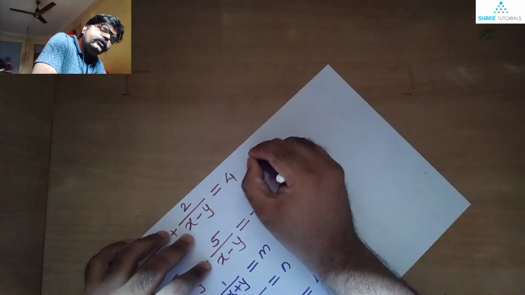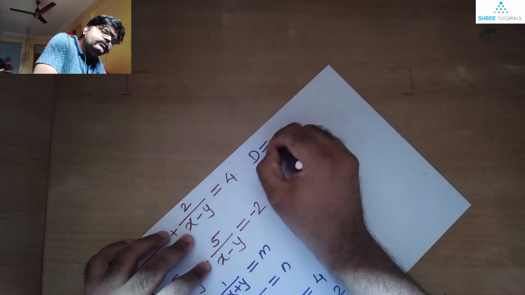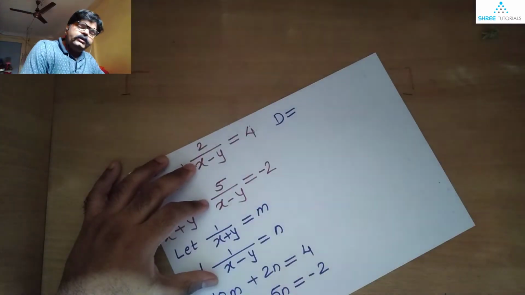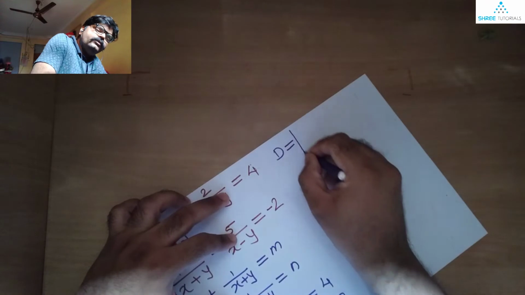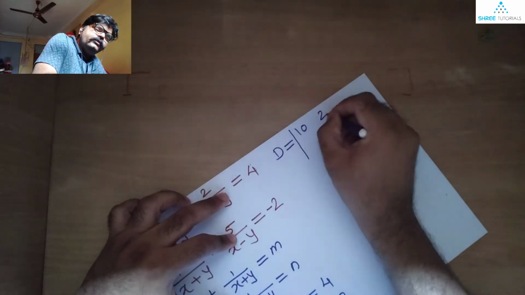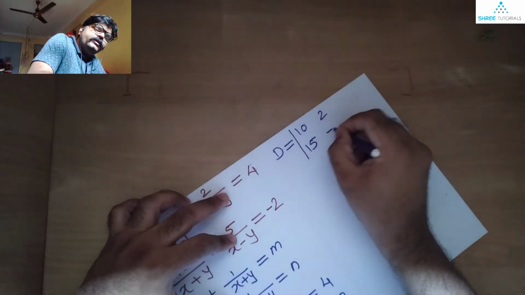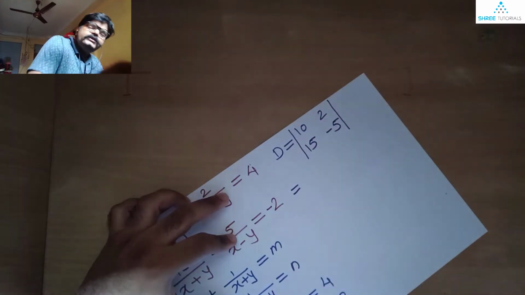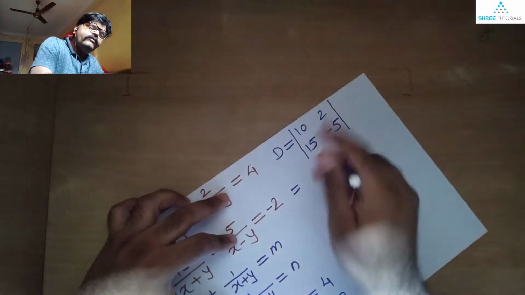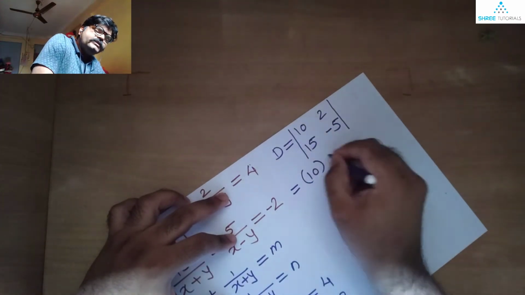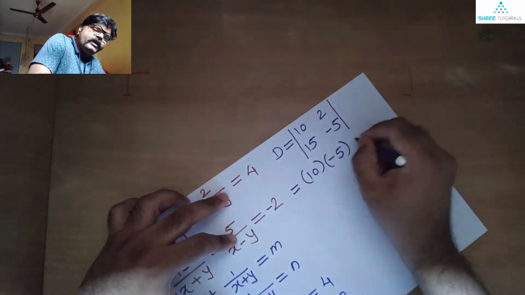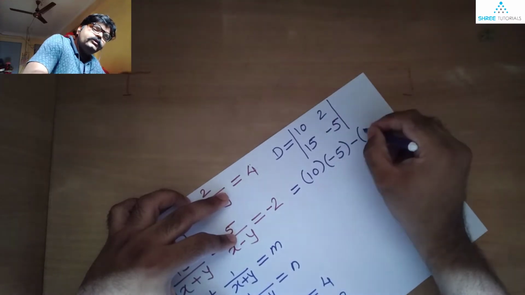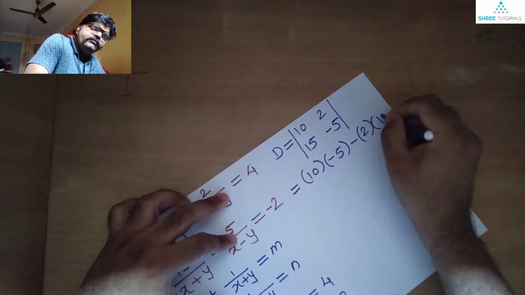Therefore while calculating capital D, coefficients we are going to utilize, therefore there will be 10, 2, 15 and minus 5. In this method, while solving the determinant, we are going to have multiplication, that means 10 multiplied by minus 5 followed by minus 2 multiplied by 15.